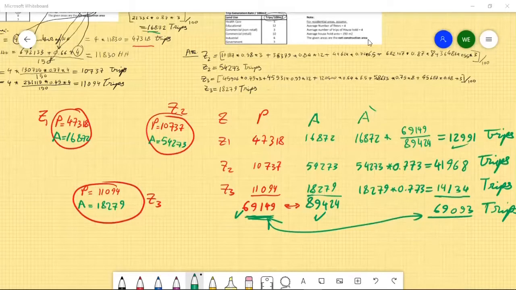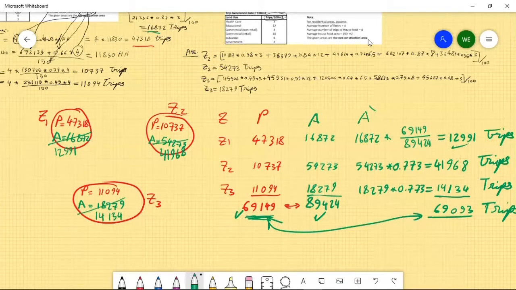Okay, we are back now, and let's adjust after we prorated these attractions. So these attractions are going to be reduced to 12,991 here, and here 41,900, and this will be 14,134.